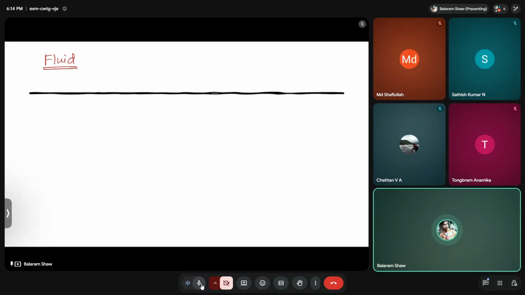We are studying groundwater engineering and we know water is a fluid, but just to be on the same page, I want to know whether you know what a fluid is. Anyone?